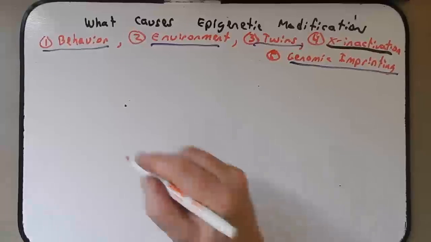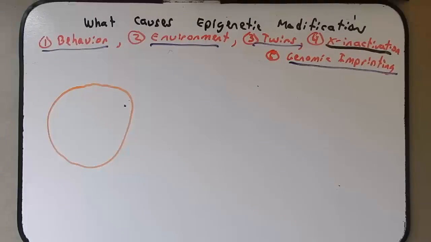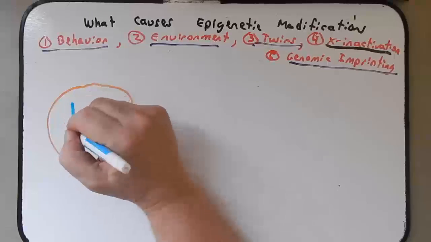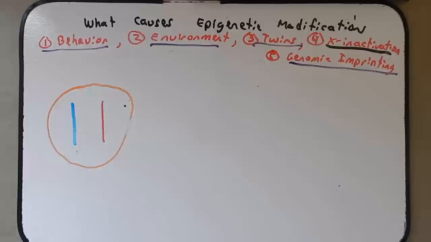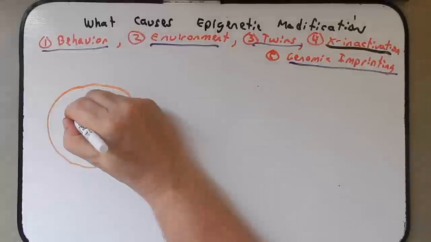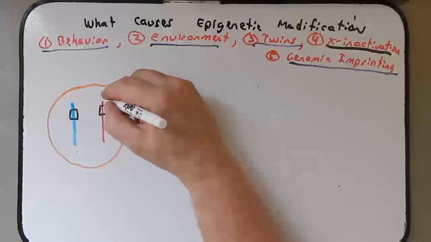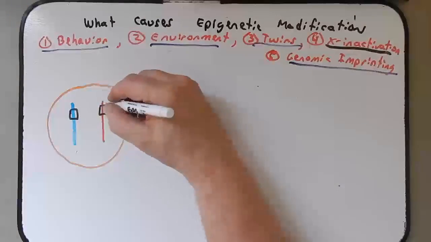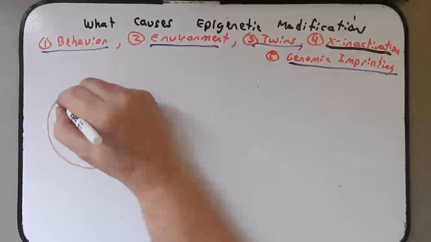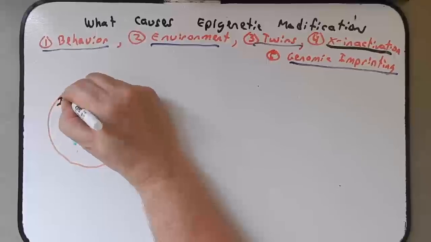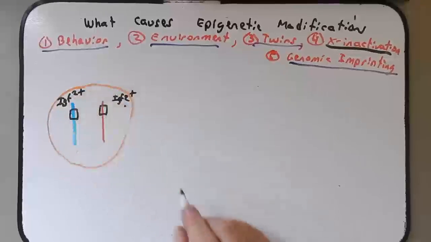Okay, in talking about IGF2, let's look at this embryo here. This chromosome is from dad, and this chromosome is from mom. We know that each of these chromosomes contains this gene called IGF2. And in this case, let's assume that IGF2 is not mutated in either the chromosome that came from mom or the one that came from dad, so we'll put plus plus.